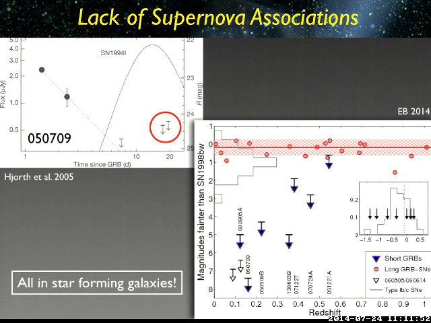Okay, the other interesting thing, so like I mentioned, these are all in star-forming galaxies. And I think this returns to Tzvi's point yesterday: if we look at the durations of these events, so these are Swift events, the line that Tzvi mentioned yesterday was 0.7 seconds to separate collapsars and non-collapsars. 3 of the 4 have longer durations than that, but they're clearly not collapsars because they don't have supernova associations.